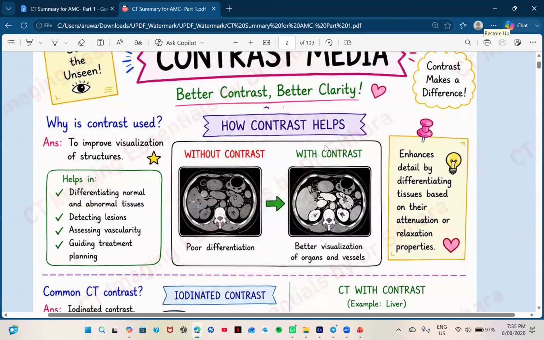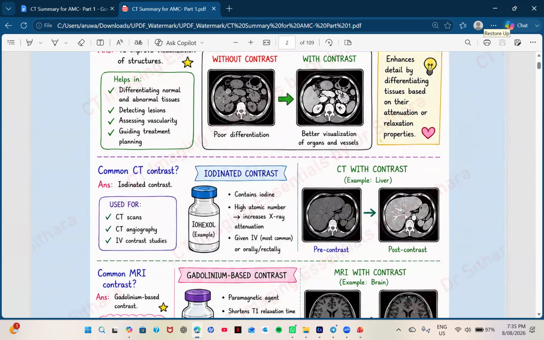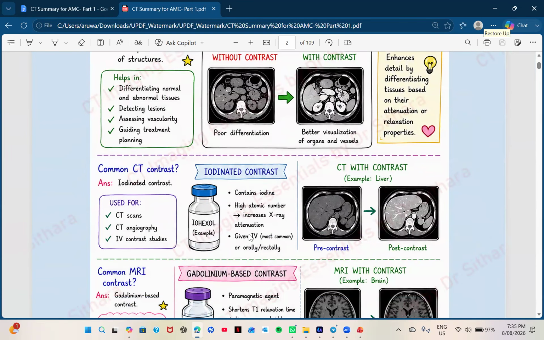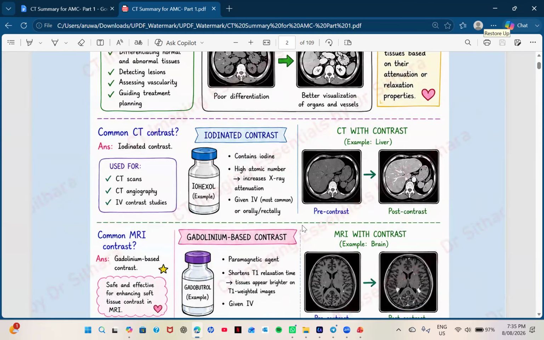Okay, so what contrast are we using for CT? Some media, some fluid that we administer, then we take the imaging, right? So what are the common CT contrasts we are using? Iodinated contrast, right? That contains iodine, with a high atomic number. Usually we give it IV, most commonly, or oral or rectal, right?